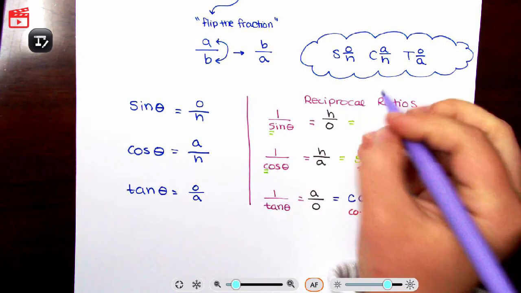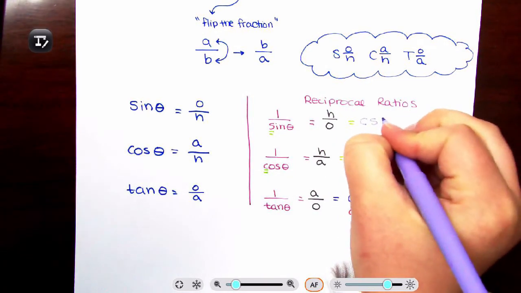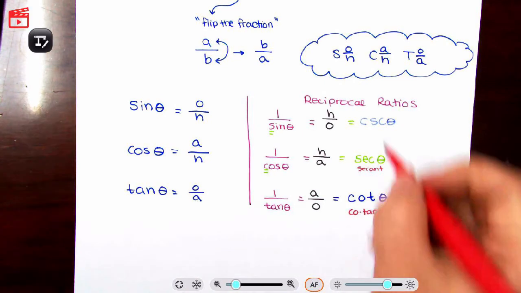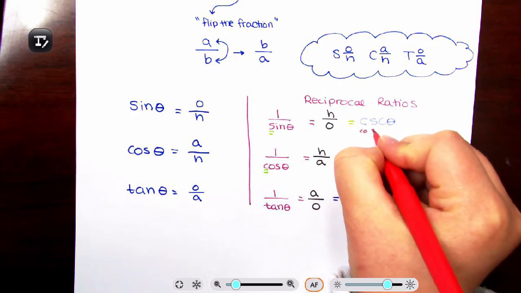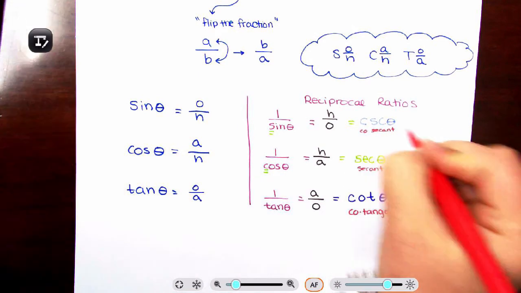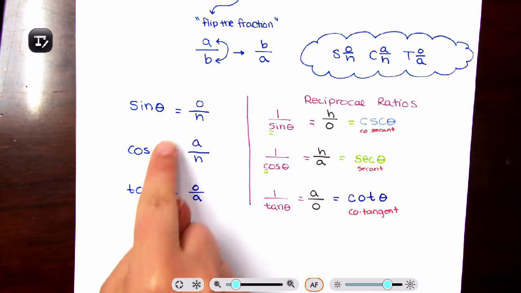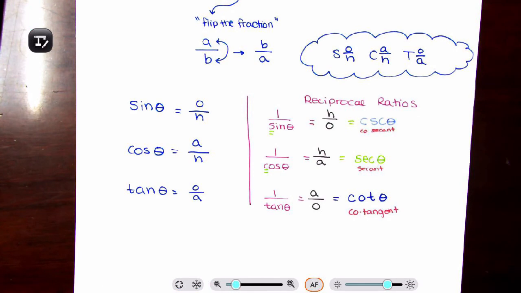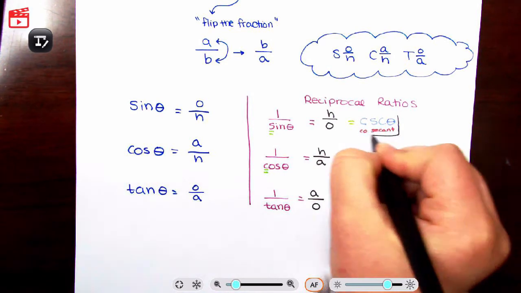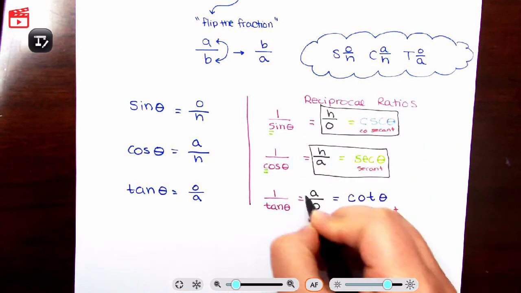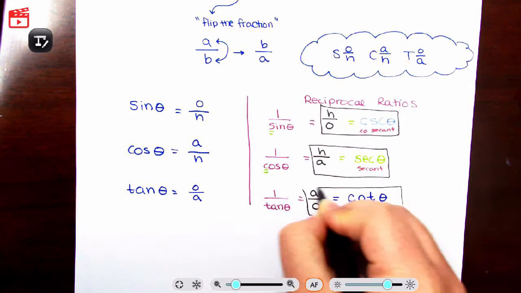And this is called cosecant, CSC. This is called cosecant. And so not only do we have 1, 2, 3 right triangle trig ratios, we also now have 4, 5, and 6.